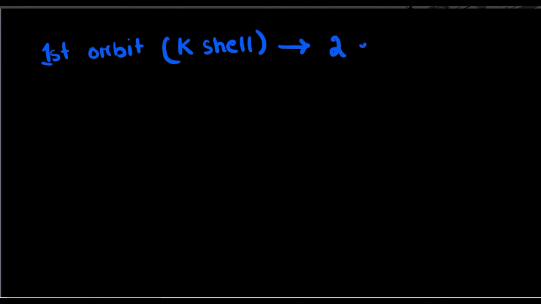Therefore, we can say that the first orbit or the K shell can accommodate a maximum of 2 electrons.